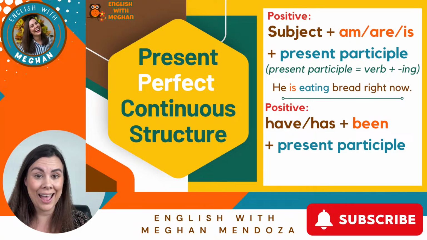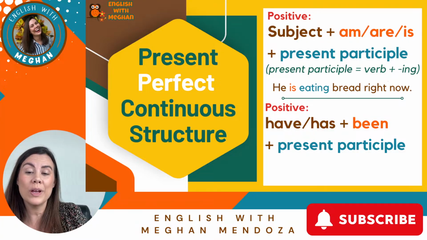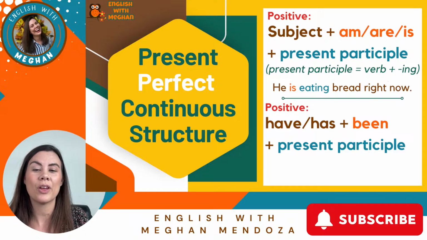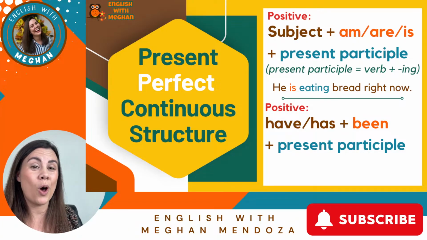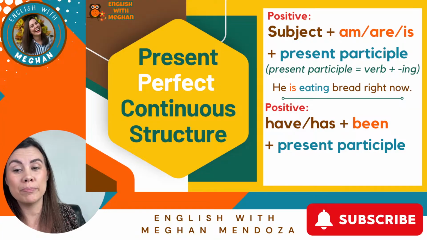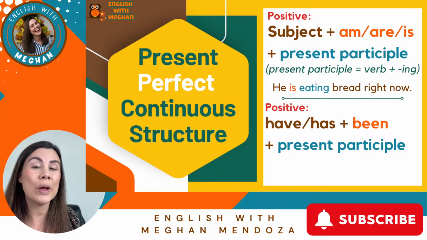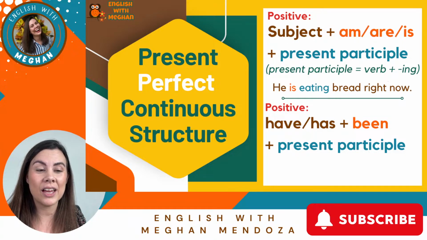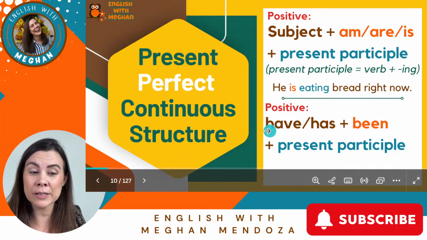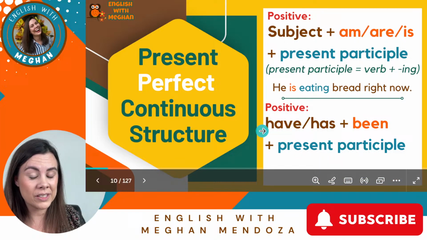Past perfect, had. Future perfect, will have. Easy, okay? But in the continuous tense, we always need some form of be. So if our present perfect has the past participle always, right?